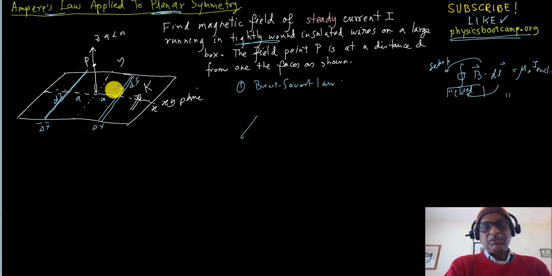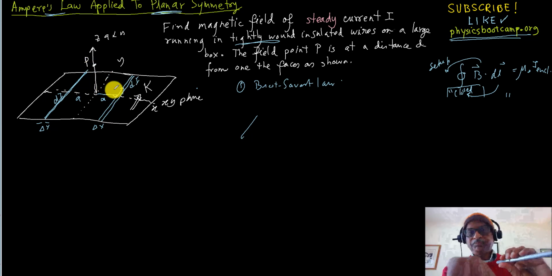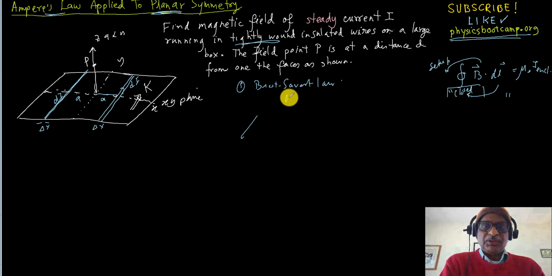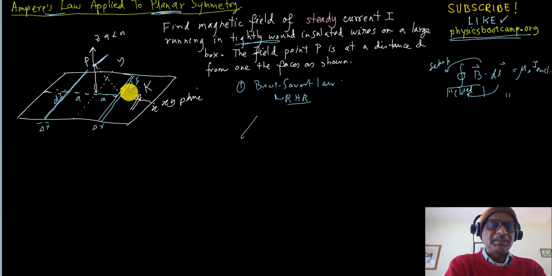And when you look at this current using the right hand rule from the Biot-Savart law, it will tell me that it's going to be perpendicular to that and perpendicular to that line. So it's going to be B from, say this is 1 and this is 2.